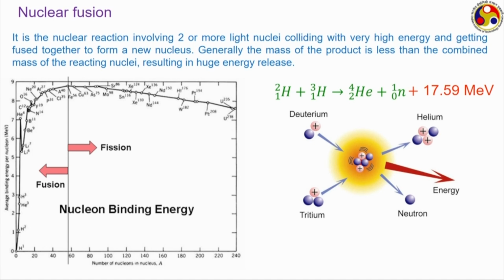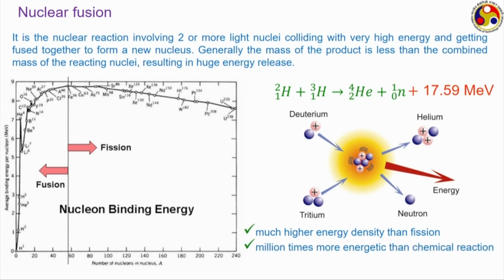That is, the amount of energy yield that we are getting per unit mass of the reactants is significantly larger compared to what we get in case of fission, and that is the first big advantage of a fusion reaction. We are getting much higher energy density, that is energy yield per unit mass of the reactants, in fusion compared to fission.